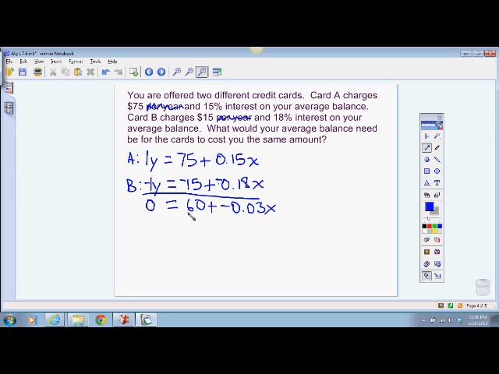Solving for x, I'm going to subtract 60 from each side, and then I'll divide both sides by -0.03. And I get x equals 2,000.